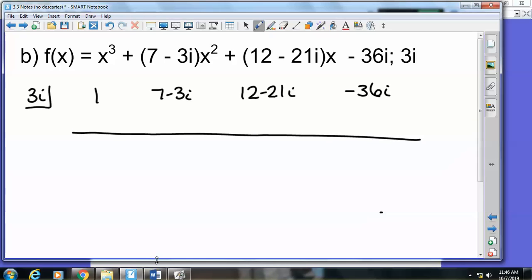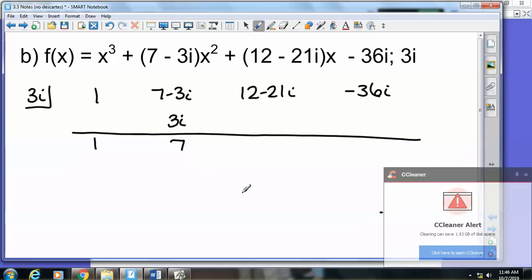Remember on that synthetic division, if we did have any missing powers of x, we need to put a 0 in for them. So then my 1 comes down. 1 times 3i is 3i. Add those, and we get 7. Okay, then multiply.